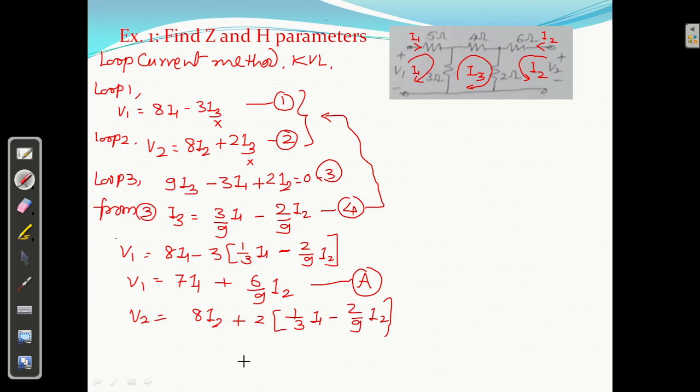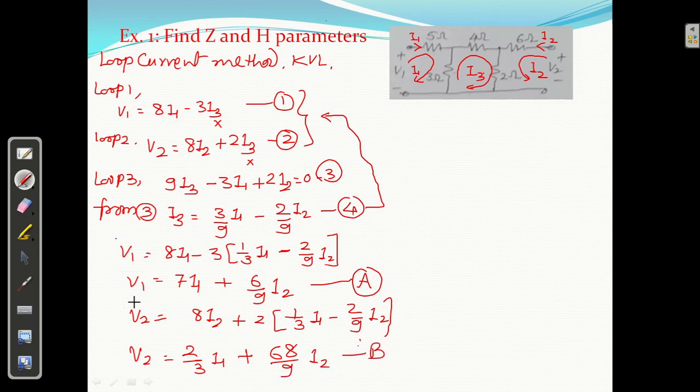So I am getting 2 by 3 i1. So v2 equal to 2 by 3 i1 और 8 i2 और minus 4 by 9, 2 into 2 is 4. So you will get plus 8 minus 4 by 9, right? So not 72, 68 by 9 i2, you will get equation number B.